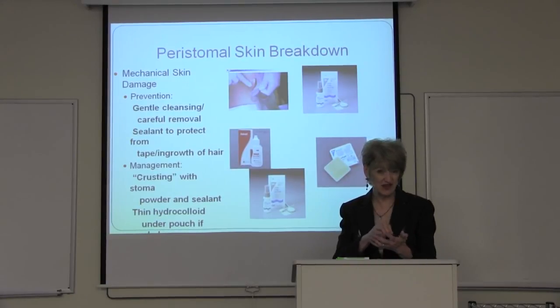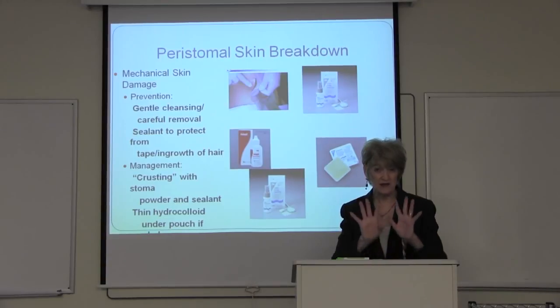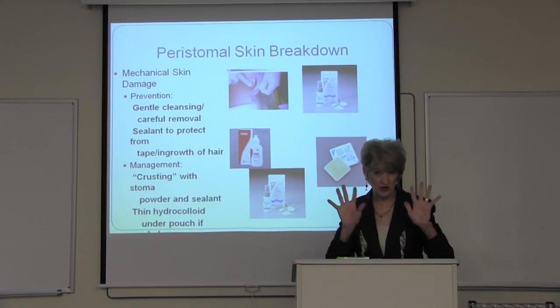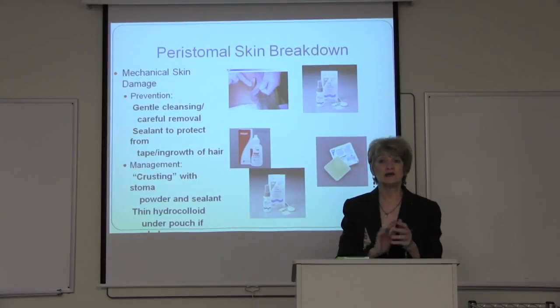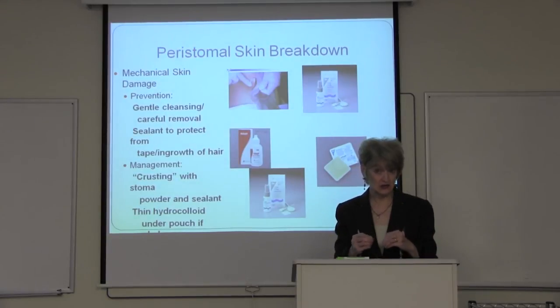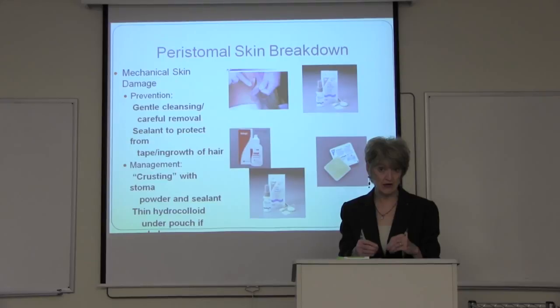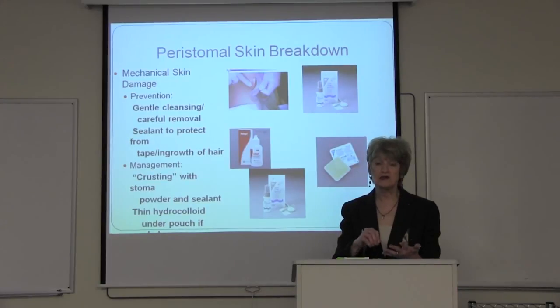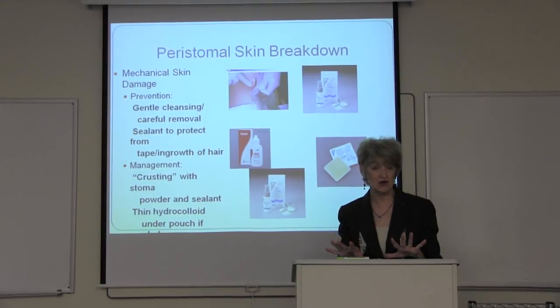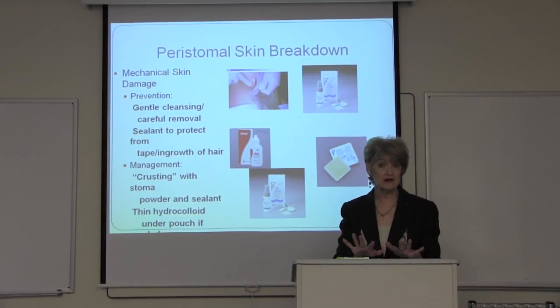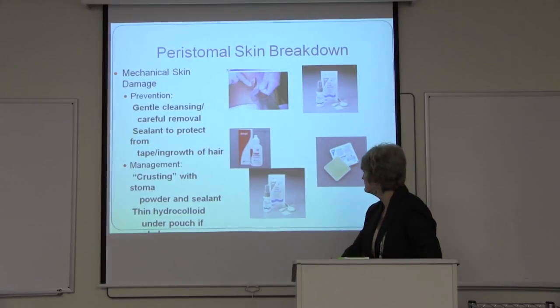Like if I have severe folliculitis where the hair's been ingrowing into the barrier, and I want something that has less aggressive adhesion than the barrier, then I might crust, I might put an extra layer of sealant, and then I might put a thin hydrocolloid pouch on top of that. What's the advantage of the thin hydrocolloid? It separates from the skin more readily, with less aggressive adhesion and less trauma to the hair follicles and the underlying skin.